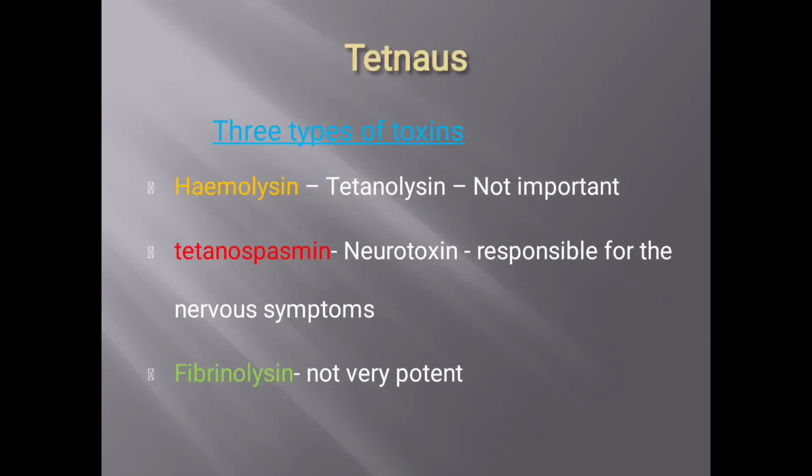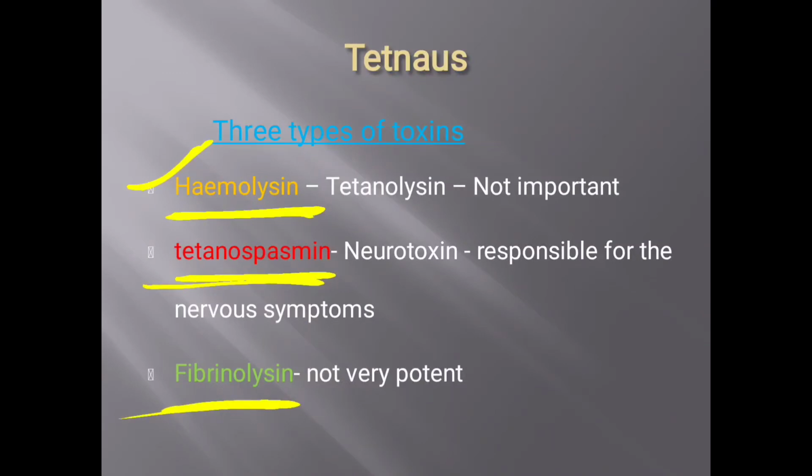Let us come to the toxins which are released by Clostridium tetani. There are mainly three types of toxins. The first one is hemolysin, the next one is tetanospasmin, and the last one is fibrinolysin.